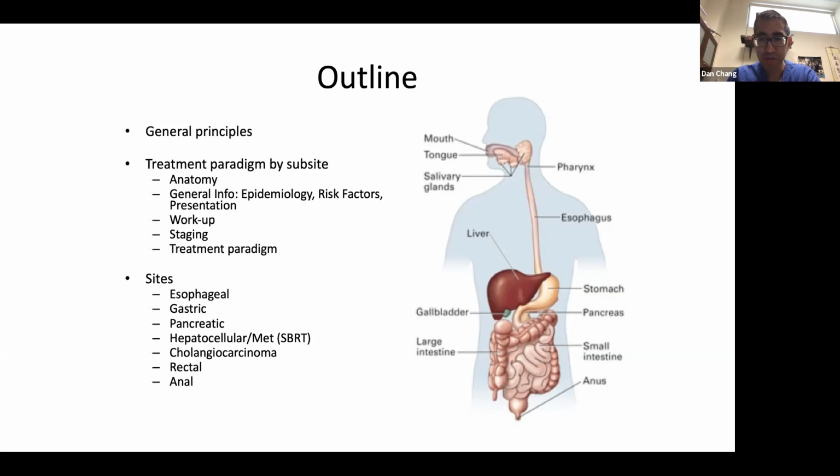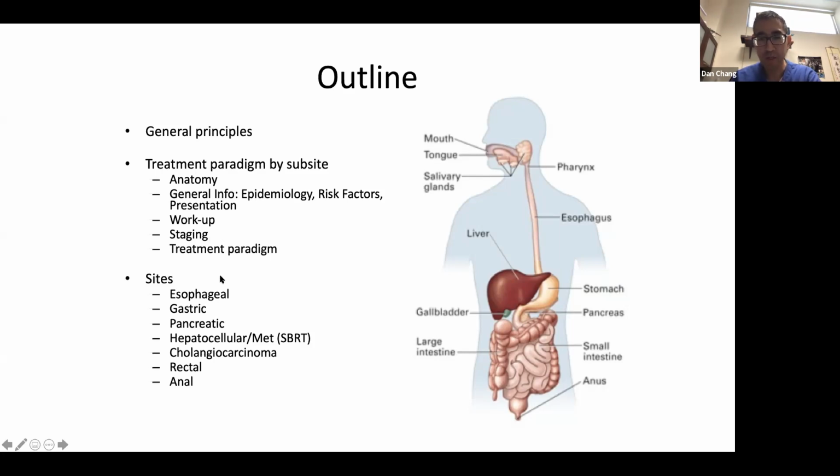This gives you the anatomic breakdown for the sites of GI cancers. We're going to go through the basics of anatomy, epidemiology, risk factors, how we work them up, staging and how it may impact our treatment decisions, and then the overall treatment paradigm.